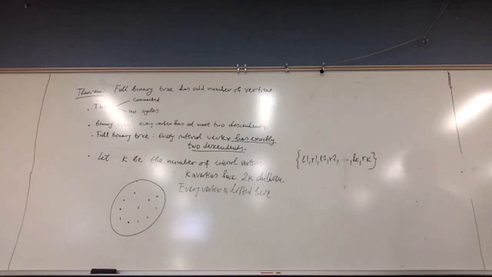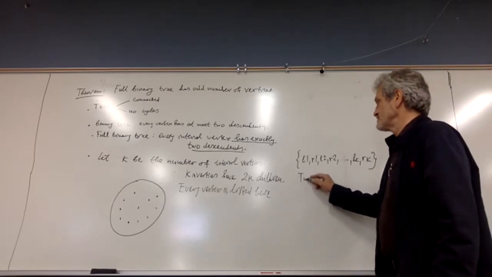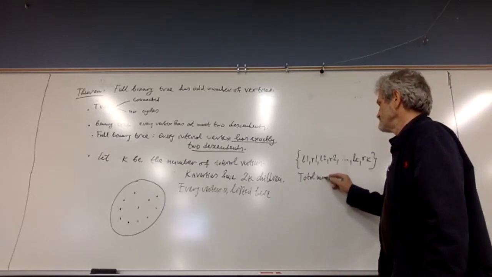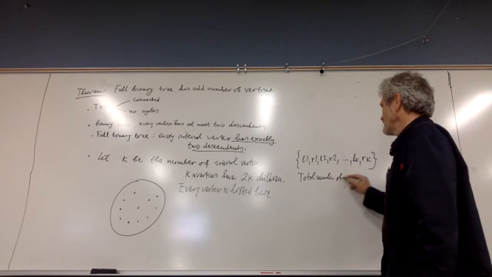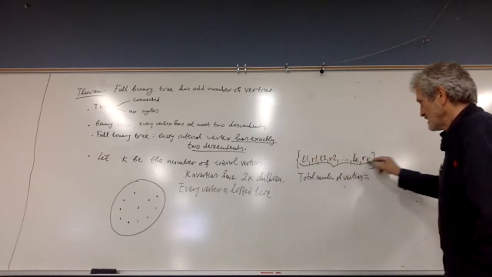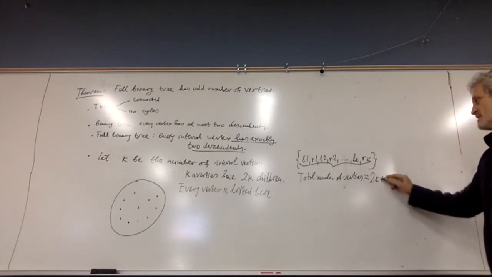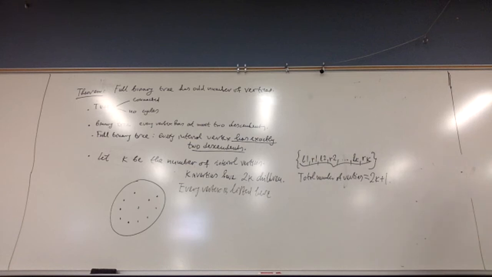Is everybody here? No, you're missing the root. Exactly, everybody's here except the root. So the total number of vertices equals the number of elements of this list, 2K, plus 1 for the root. Make sense? That's the proof, nothing else.